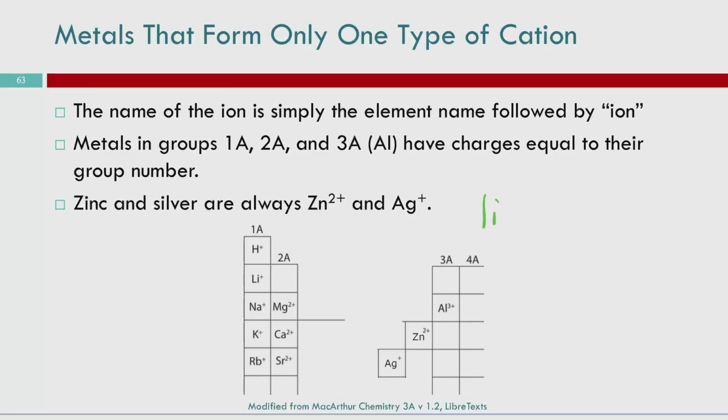For example, lithium ion. That's Li plus, rather than just lithium, which would be Li. So we're adding the ion. The ion means it's charged. And lithium only forms one type of charge. And we know that we're talking about Li plus, not some weird Li2 plus that could exist. So these are the simpler ones.